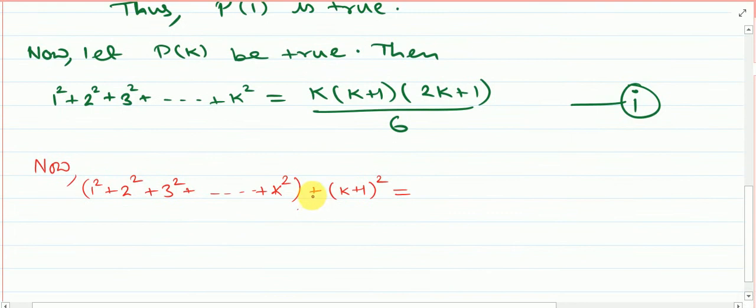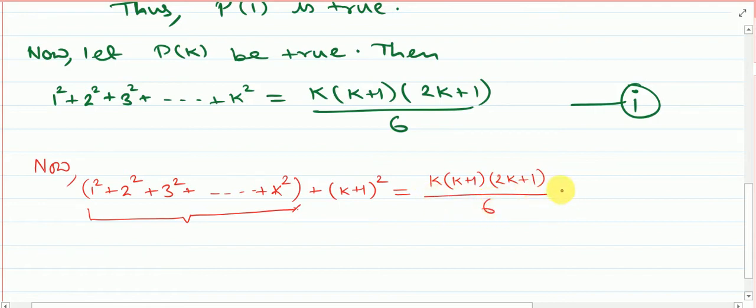So you have to write this much, and then you can see that this from 1, this one from 1 is equal to k plus 1, 2k plus 1 upon 6. So you'll write (k plus 1)(2k plus 1) upon 6 plus (k plus 1) whole square.